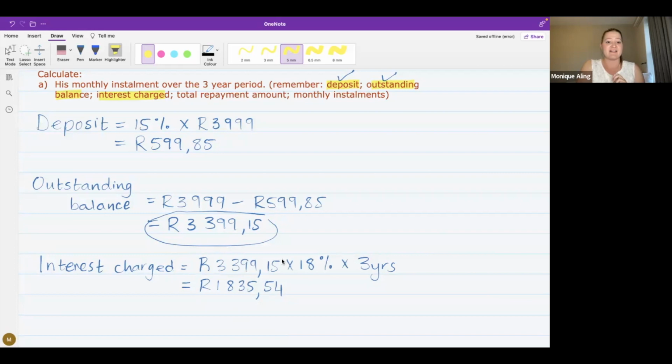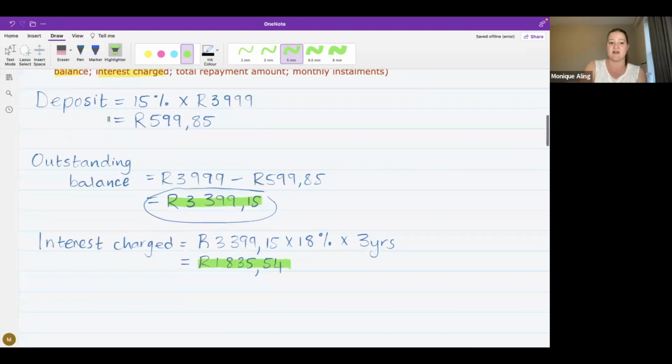To work out the total repayment, remember, he owes that. He also owes the interest amount. So the total repayment amount will be those two added together.